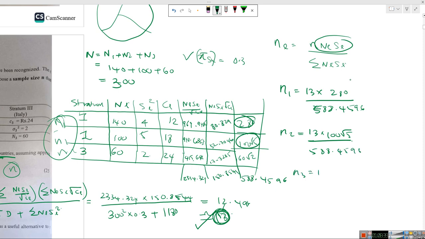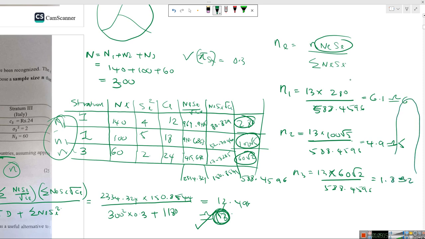N3 is equal to 13 into this one, 60 square root of 2, divided by 588.4596. Now if you simplify this, N1 should be 6.1 something, so you can approximately take 6. Here this should be 4.9, which means you can take 5 samples, and here you get 1.8, so approximately equal to 2 samples.